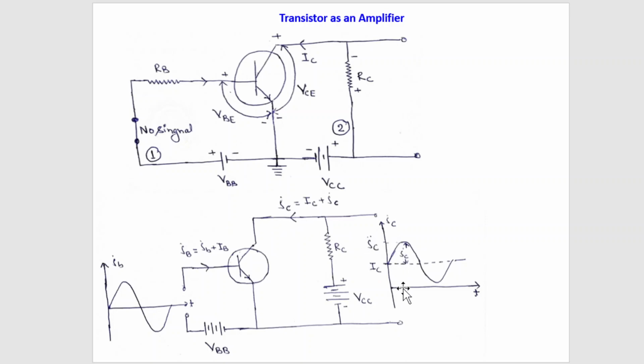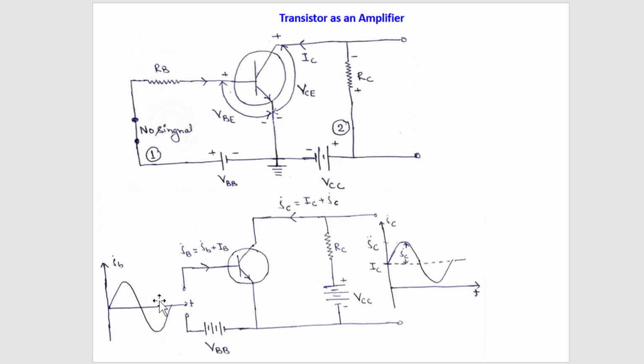Now the magnitude of the total collector current has changed. Initially when there was no signal, the output current was capital I capital C, let us say some constant value independent of time. That was purely DC signal, that is the zero signal collector current.